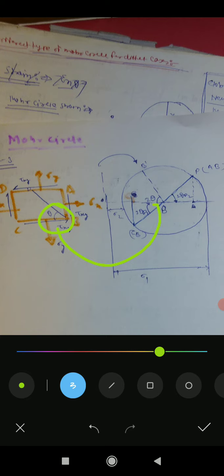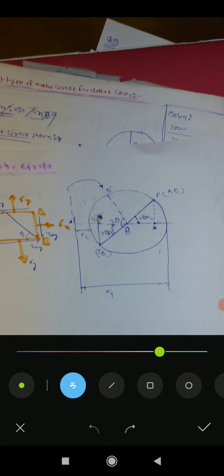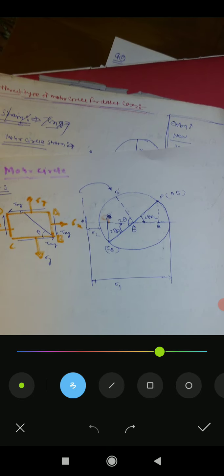Now for the principal planes, I already told you what the principal stresses are, where the shear stress value is 0, and where we will get these planes: at the extremities of the Mohr circle. After this circle there is no normal stress and there is zero shear stress.